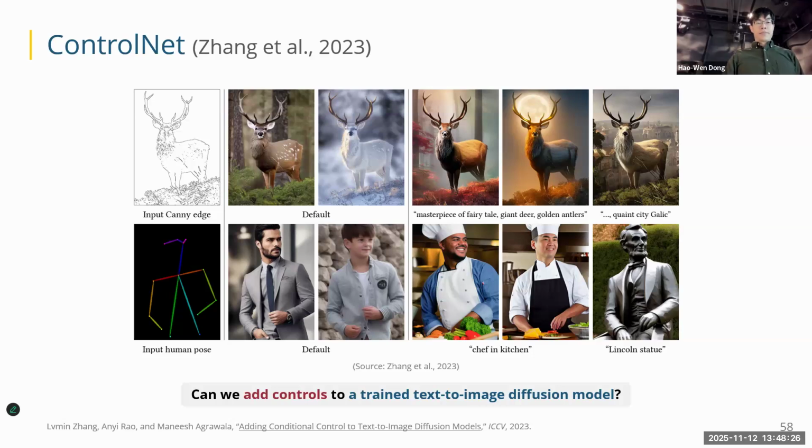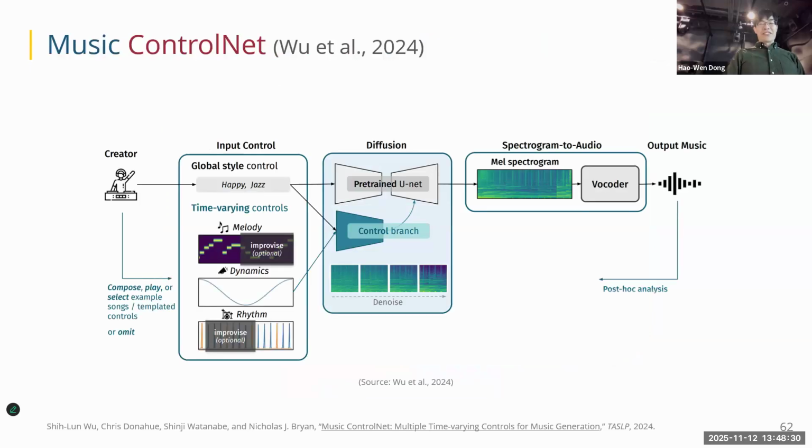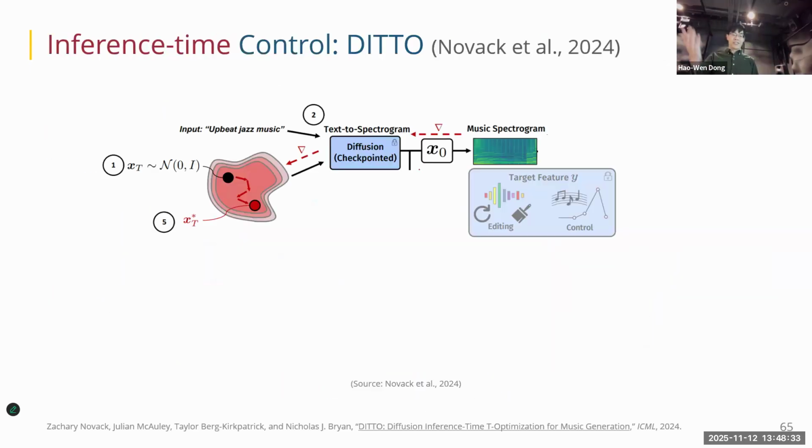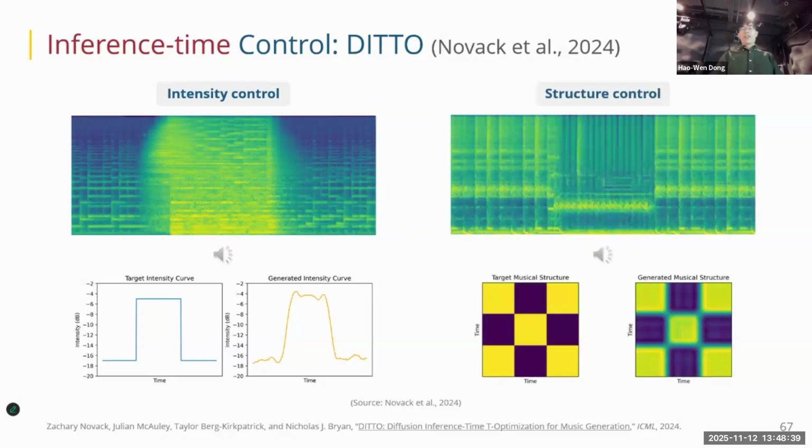Cool. This is very much ongoing, as you see. Both are 2024, and Ditto also has a second version, Ditto 2. A lot of things are going on recently. Think about how this can be useful. Music generation might be a little bit tricky, in what case would we want this?